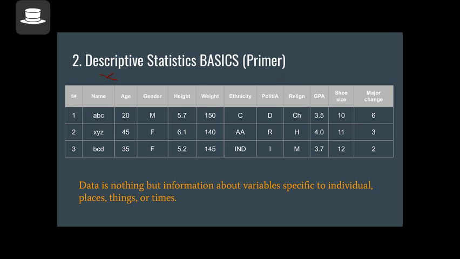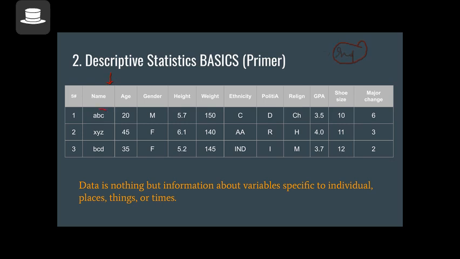Now, here are the things. When we say a variable is something that is not constant, right? So this variable captures some information about a thing, a human, time, or place. So, for instance, this particular variable name carries information about all these individuals. What kind of information is that?